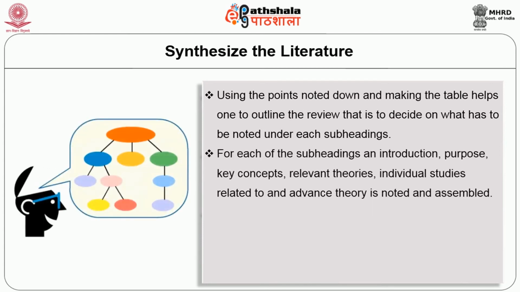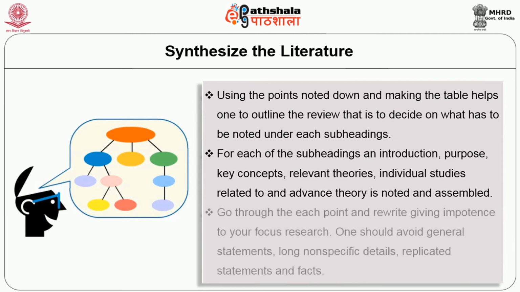For each of the subheadings, an introduction, purpose, key concept, relevant theories, and individual studies related to an advanced theory is noted and assembled. Go through each point and rewrite, giving importance to focus your research. One should avoid general statements, long, non-specific details, replica sentences and facts.